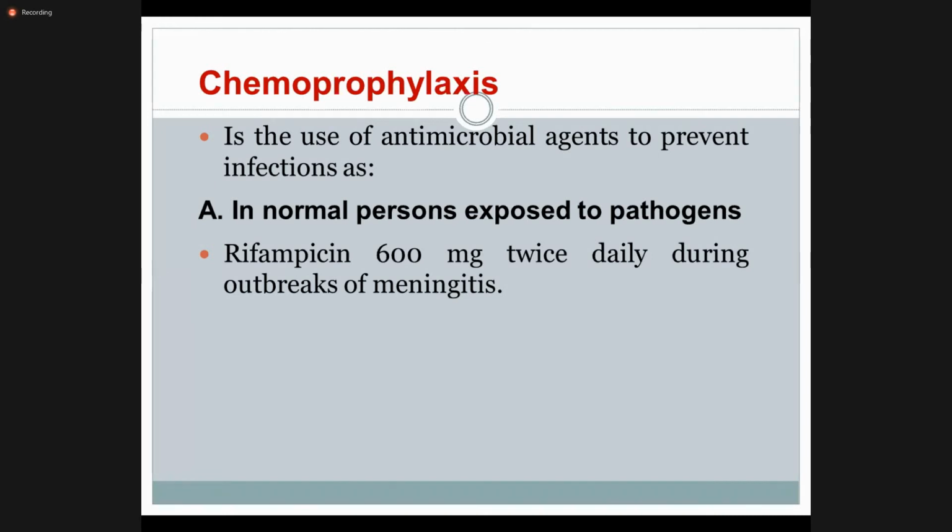The best example is the vaccination program, right? The expanded program of immunization, where in children we recommend BCG and different vaccines. There is a program, so we have to give those vaccines to our newborns or babies, right?